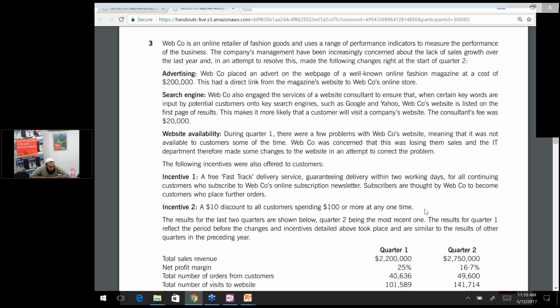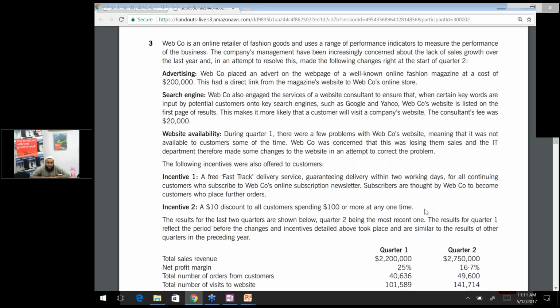Number two, compare with comparatives, if available. Now, what are comparatives? The previous years, the industry averages, the competitor data.